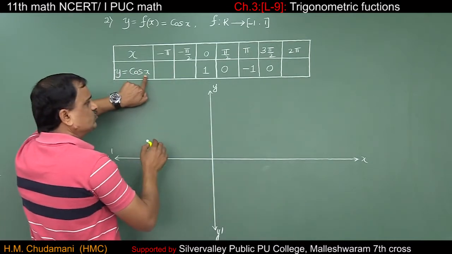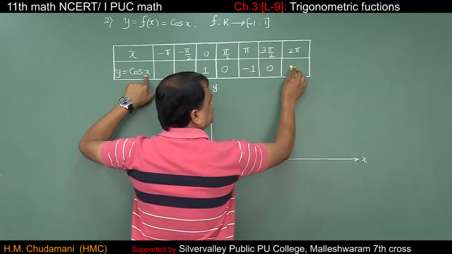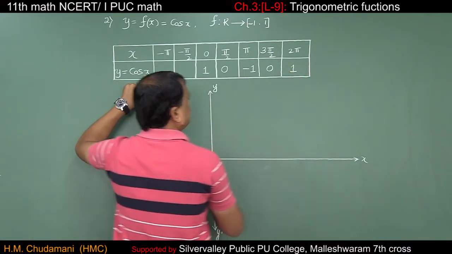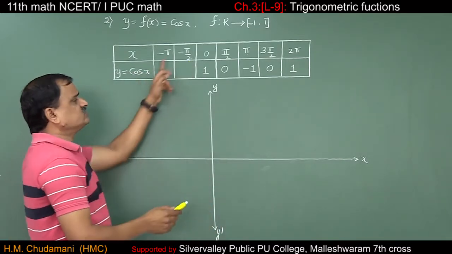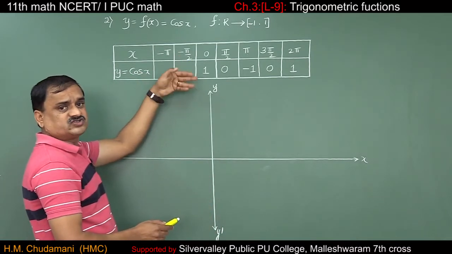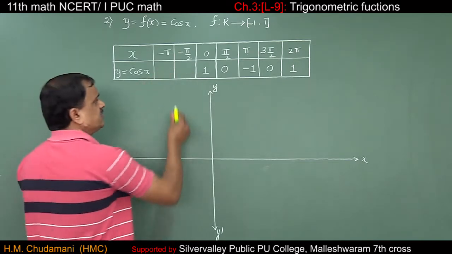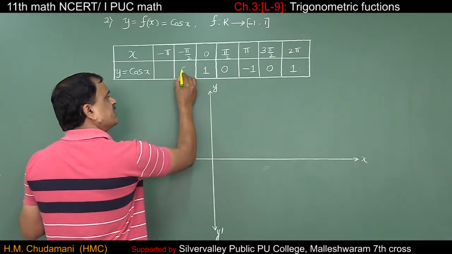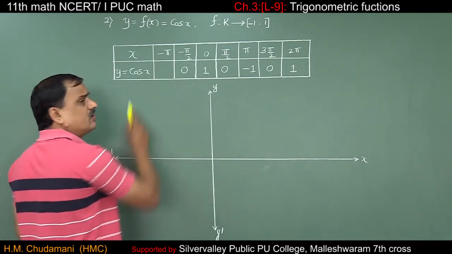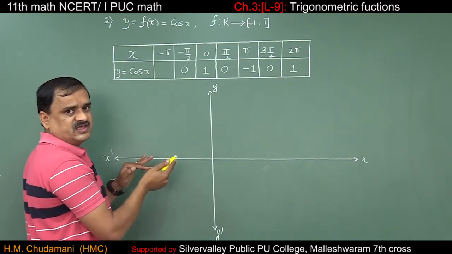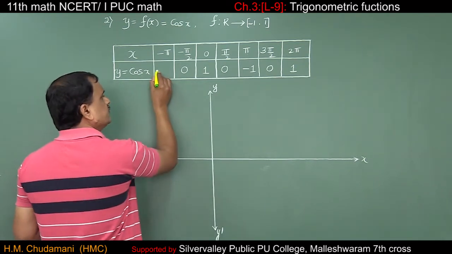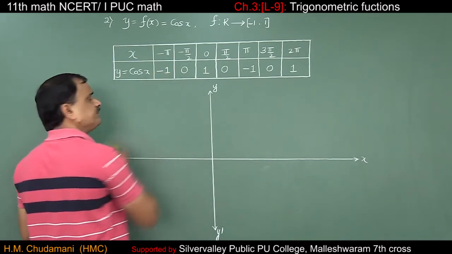Then x as 2 pi, cos 2 pi, cos 360 degree is plus 1. Then cos of minus pi by 2: cos of minus theta means plus cos theta, you know. So cos pi by 2 is 0. Cos of minus pi is plus cos pi only, which is minus 1.